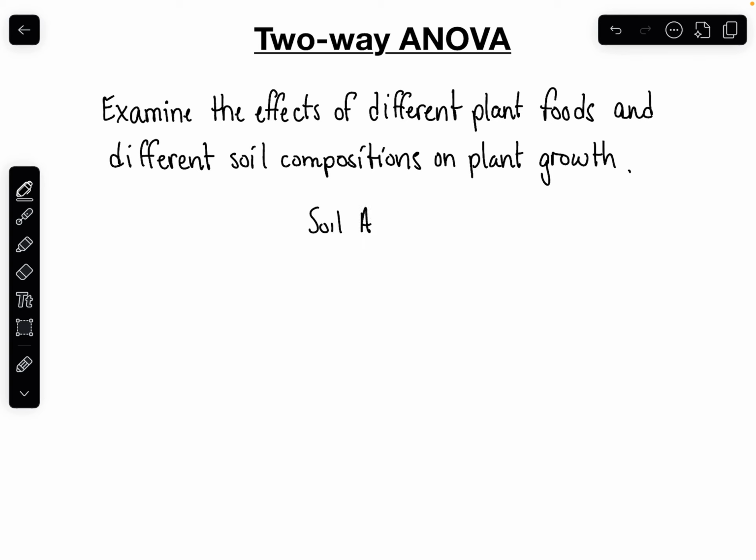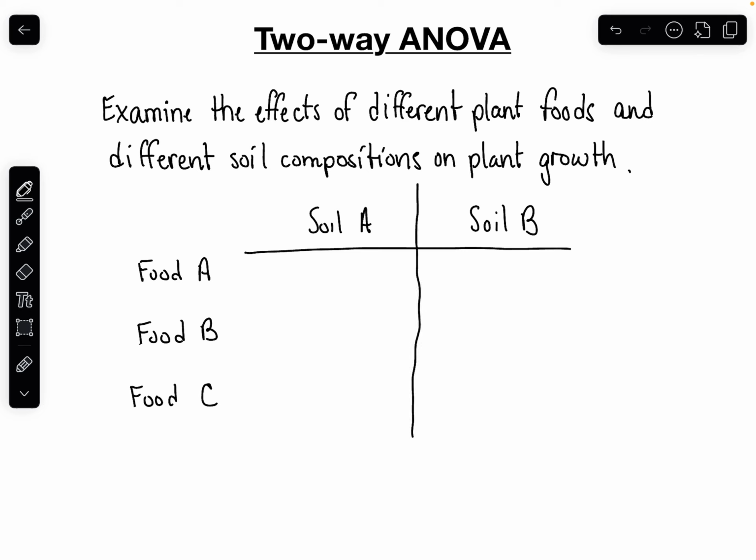We might have soil A and soil B. And then we might have food A, food B, and food C. And this would allow us to have 6 different combinations.